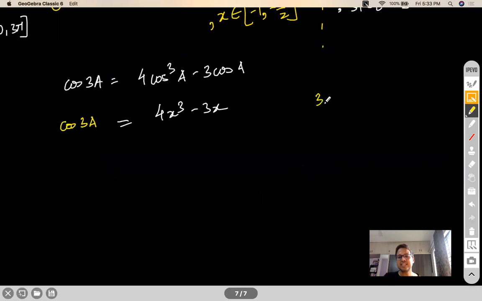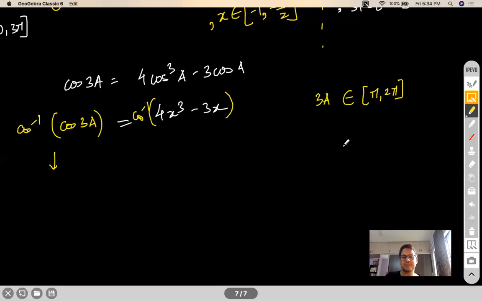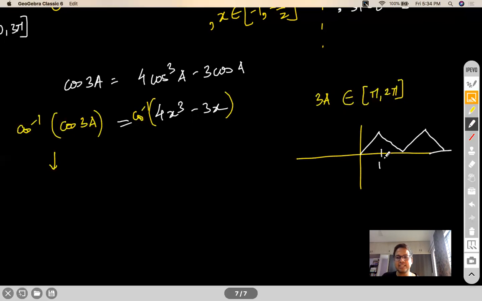Now you know if your 3a is lying between pi to 2 pi, and I'm taking cos inverse on both the sides, what is the answer that should come from here? Take the help of the graph. The graph says pi to 2 pi. This is the line that you need to be worried about.